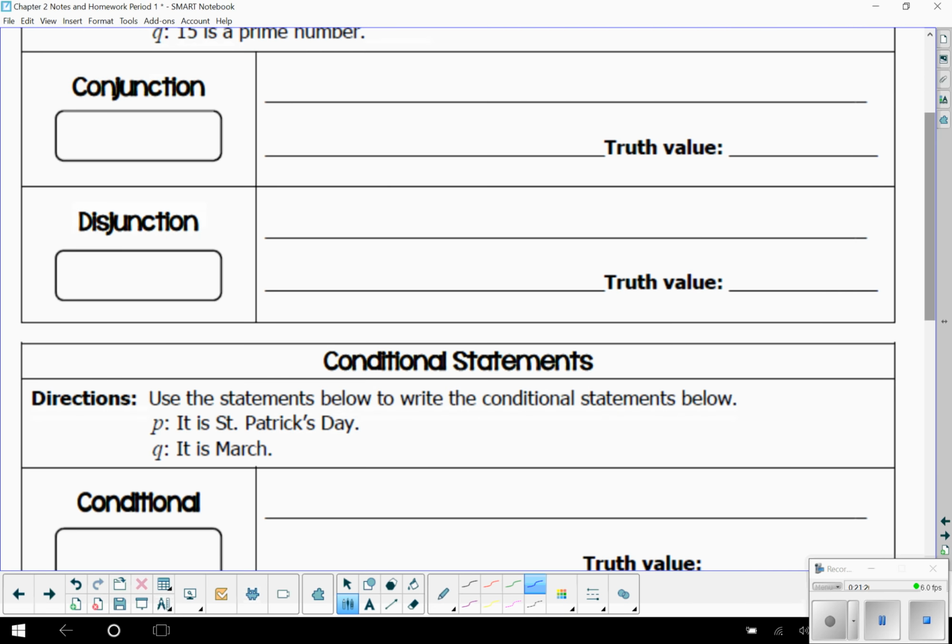Now, let's go back over. I'm going to do the left side with you. The conjunction of P and Q is "and." The disjunction is the "or."